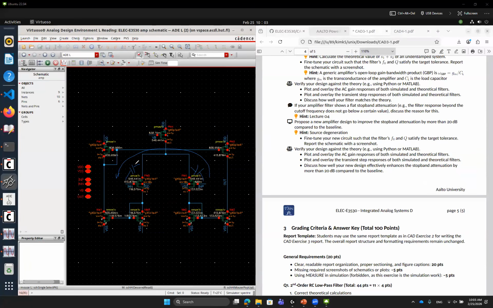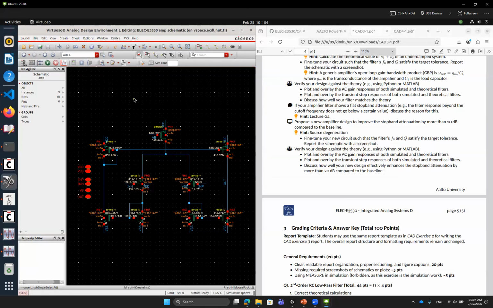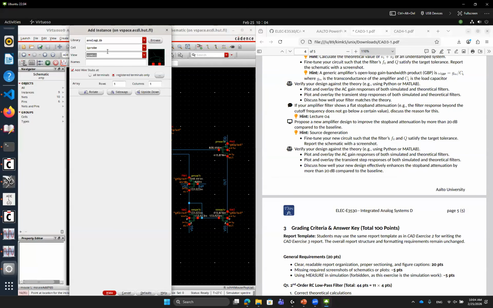So if you put a source degeneration resistor here, then you can at least make the short circuit current a very, very small amount that can avoid making an additional zero. So that was a bit tricky part. But if you couldn't make this possible, please don't be too unsatisfied, because it was intentionally designed to be very challenging.